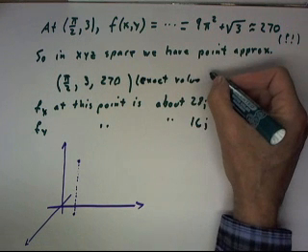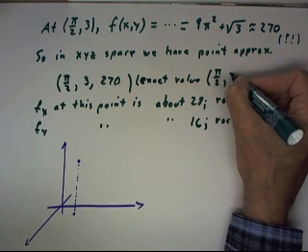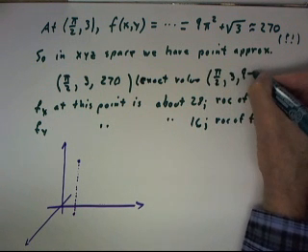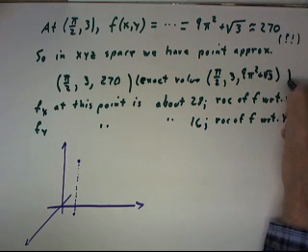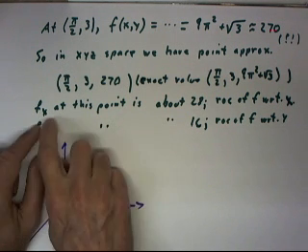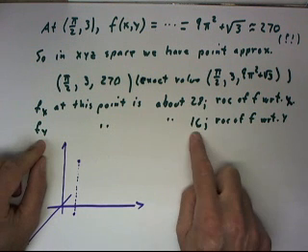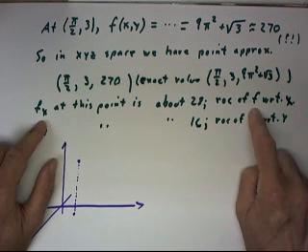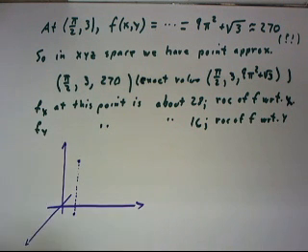This is an approximation of the value: pi over 2, 3, 9 pi squared plus the square root of 3. Let's depict that point. And we know, repeating, that fx is about 28, fy is about 16. fx is the rate of change of f with respect to x, fy the rate of change of f with respect to y.